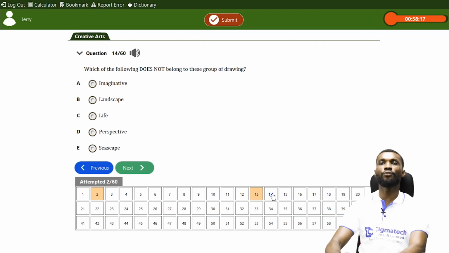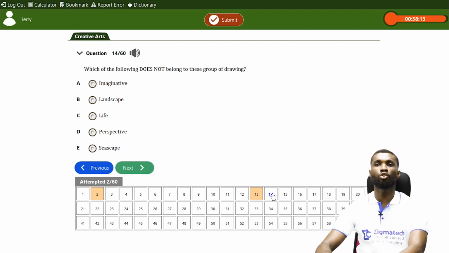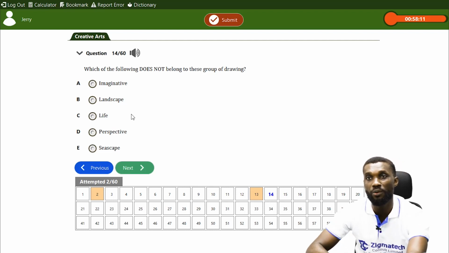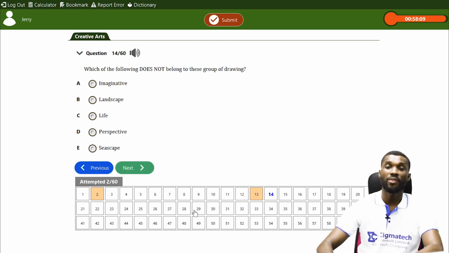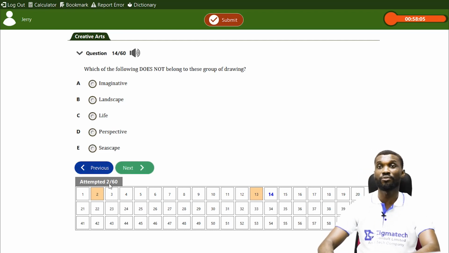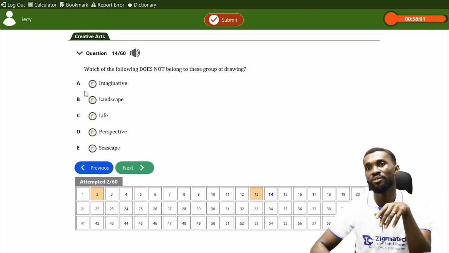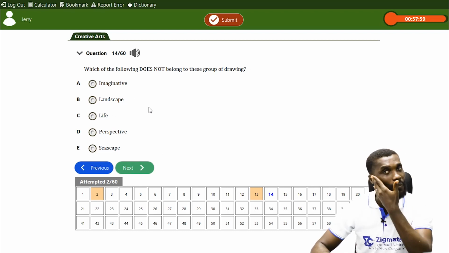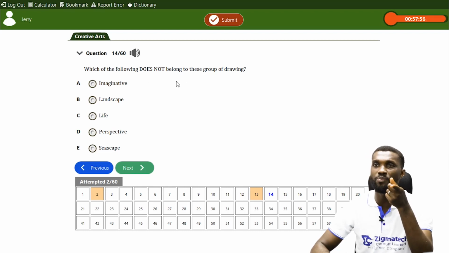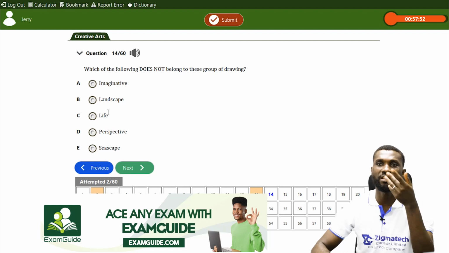Okay. Now, which of the following does not belong to this group of drawing? In as much as we are talking about painting, we are talking about shading, but I think we should just attempt this question. For those of you that have not seen the video for drawing, go back and watch it. Now, imaginative composition. Which of the following does not belong to this group of drawing? A, imaginative. B, landscape. C, life. D, perspective.